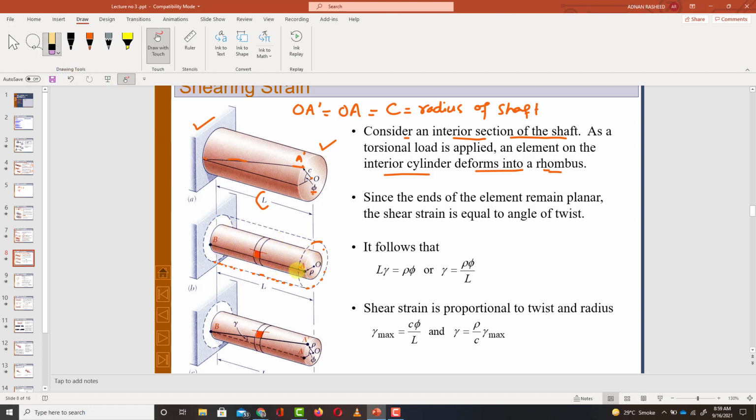Now this interior portion of the shaft is taken and a square portion is marked on it, and this is the same line AB, this is the same center O. Now if this was the initial diameter, then from the center to the outermost distance is C. But if you want to take any internal portion, then this distance is represented as rho, because rho, I have already told you, is greater than or equal to 0 and less than or equal to C. So rho is for radius, but it is a variable term.